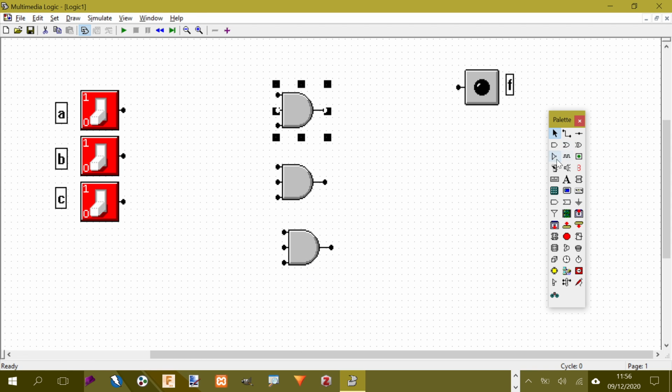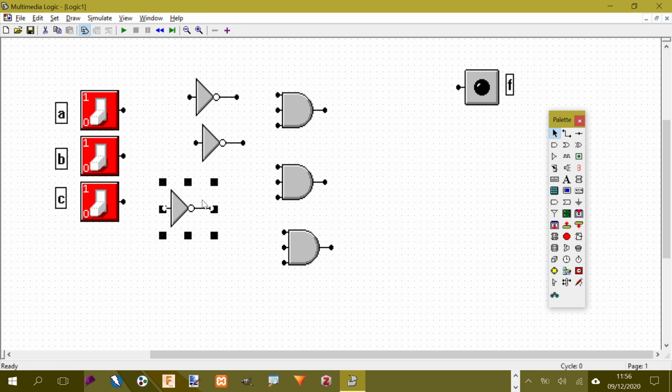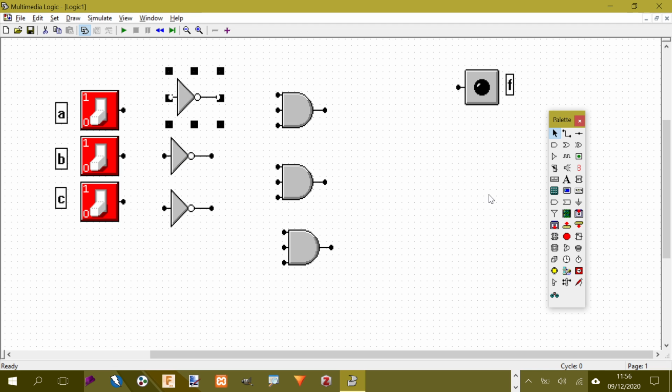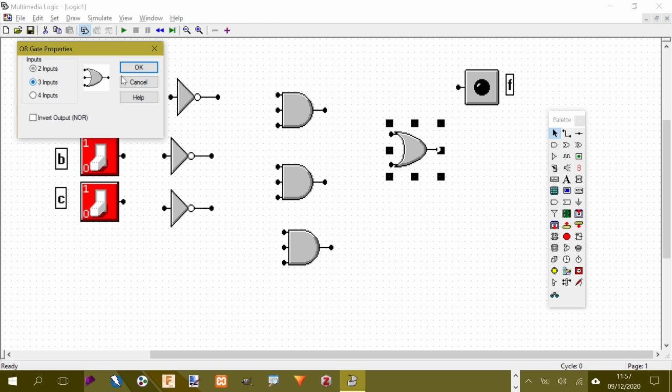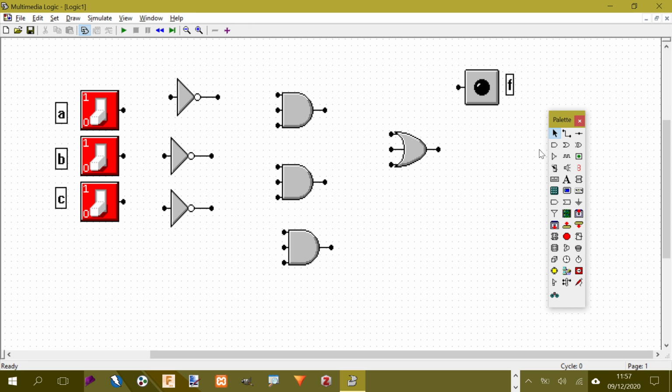And then we're going to need some NOTs, 3 of those, I'm going to place here. And these 3 are being brought together by an OR gate. So again, a 3-input OR gate, and that will go off to our F output. So let's wire these up.